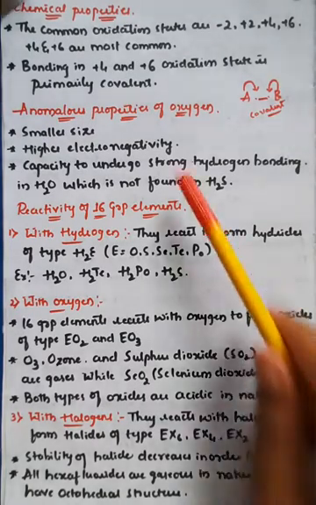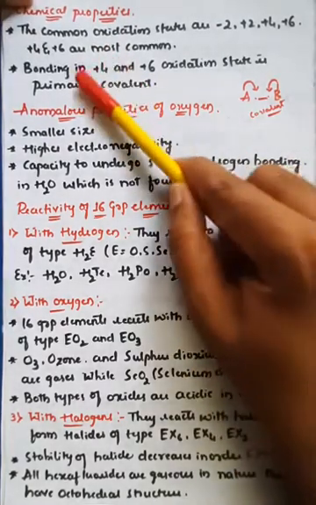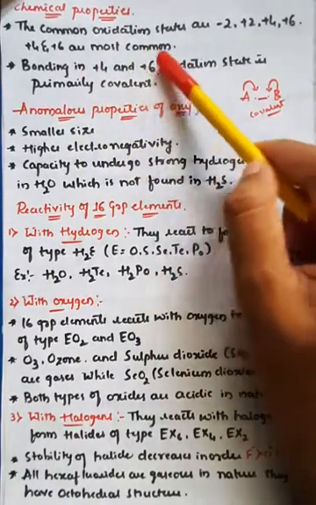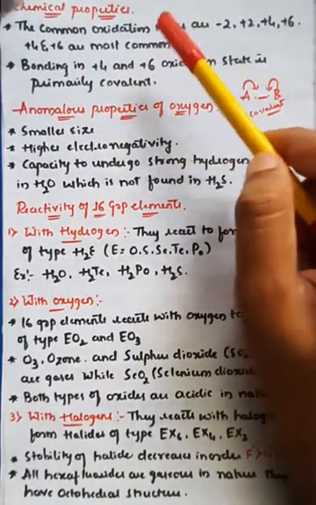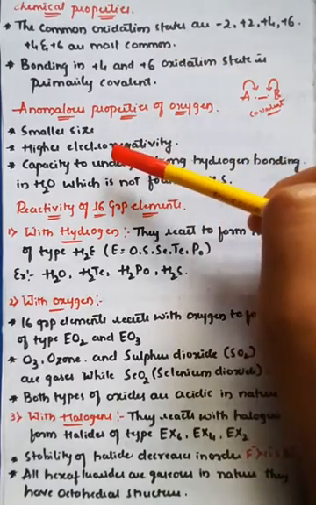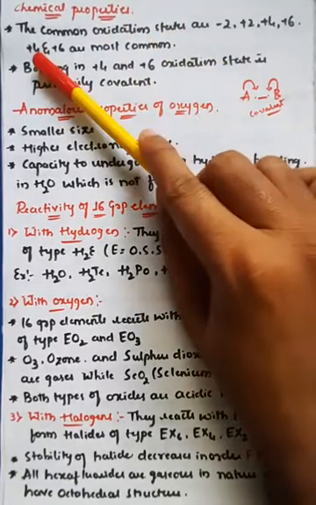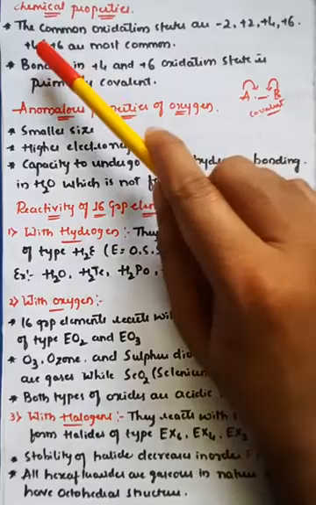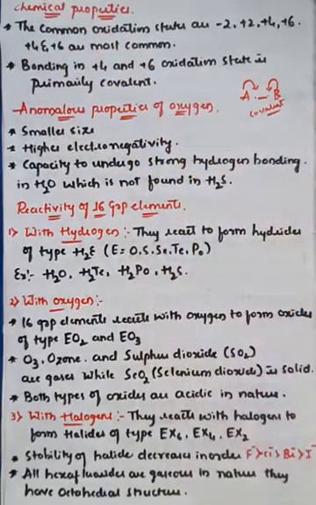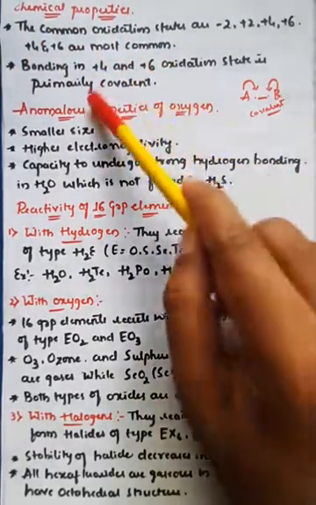Whenever the 16th group elements attain the oxidation states of +4 and +6, they have the capacity to bond primarily through covalent bonds.